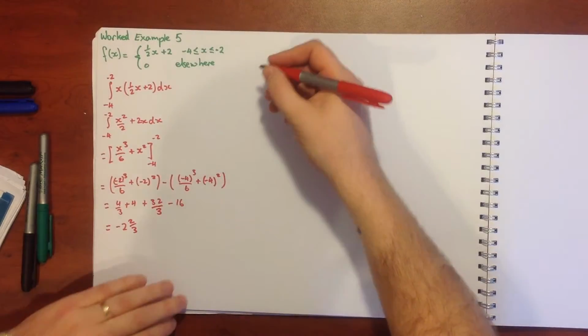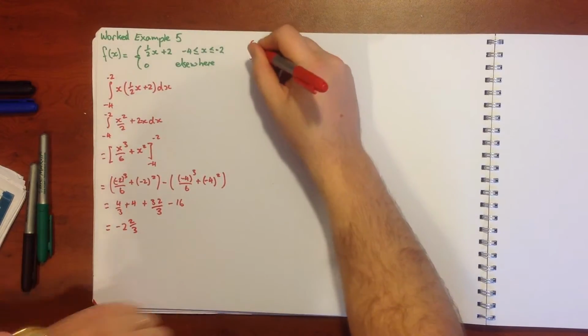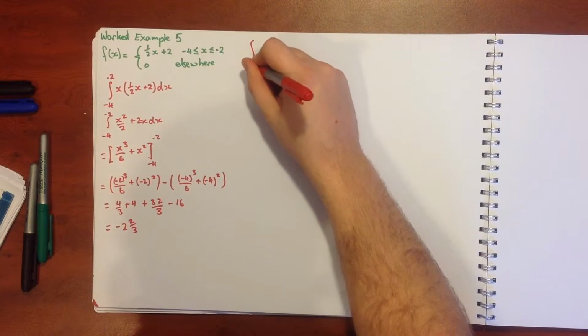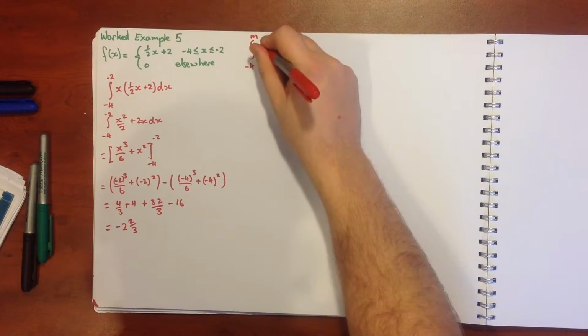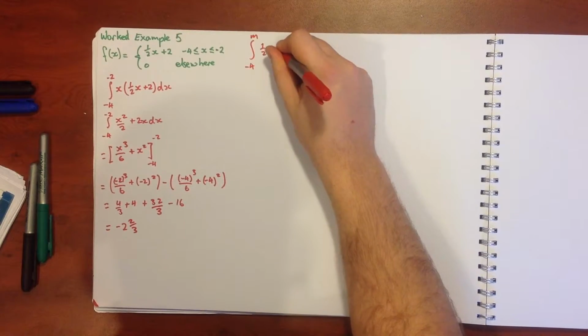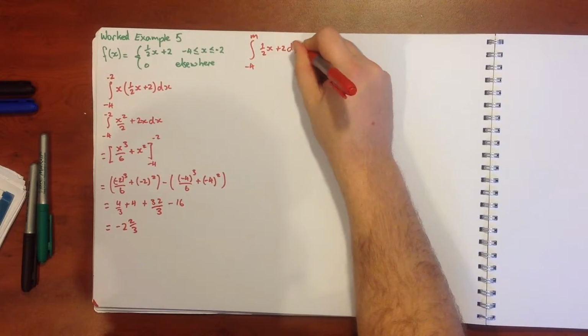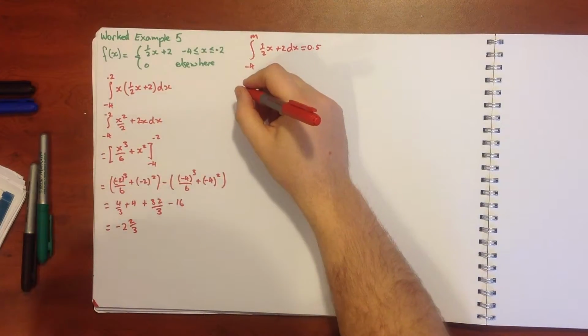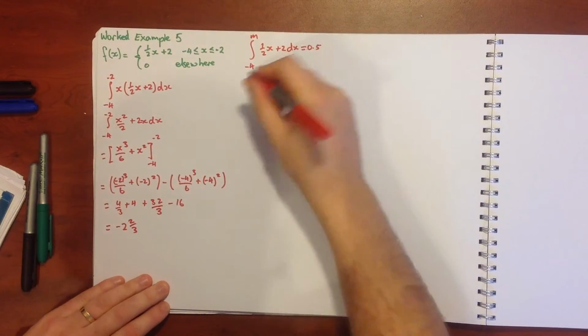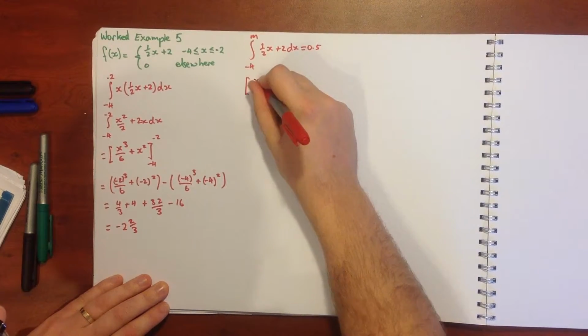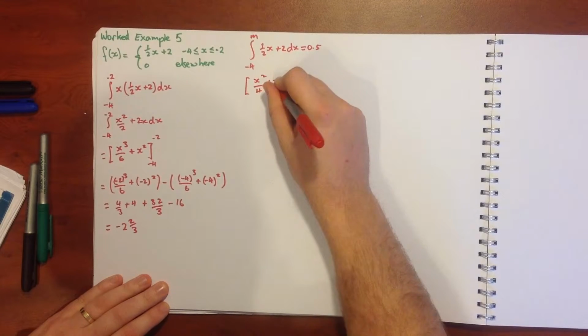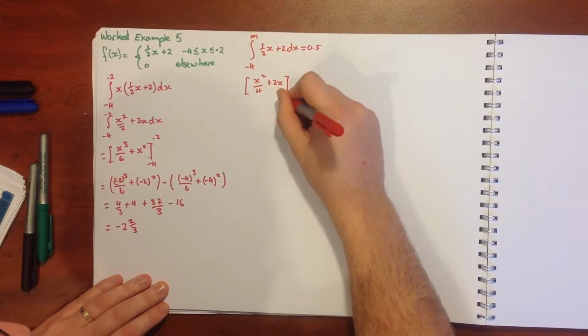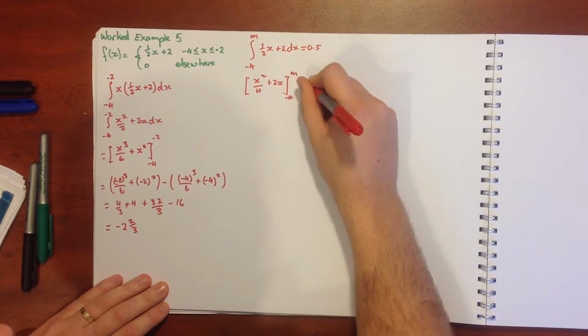This time we're going to be integrating from negative 4 to m of (1/2 x + 2) dx equals 0.5. So we integrate that and get x squared on 4 plus 2x from negative 4 to m equals 0.5.